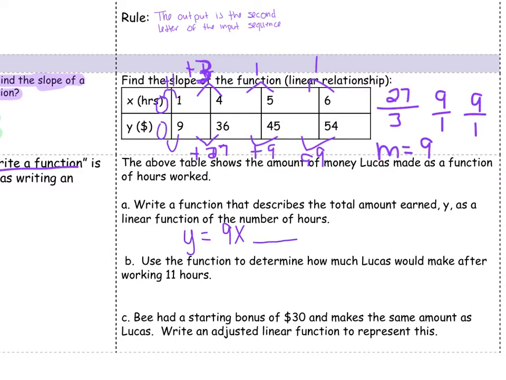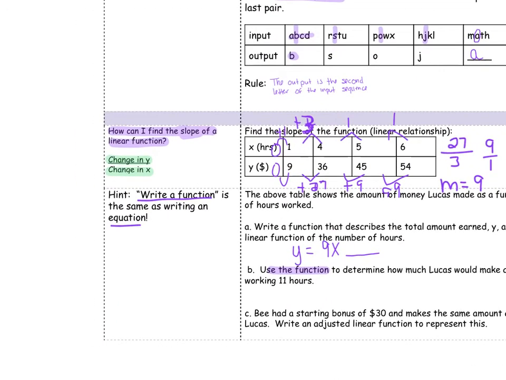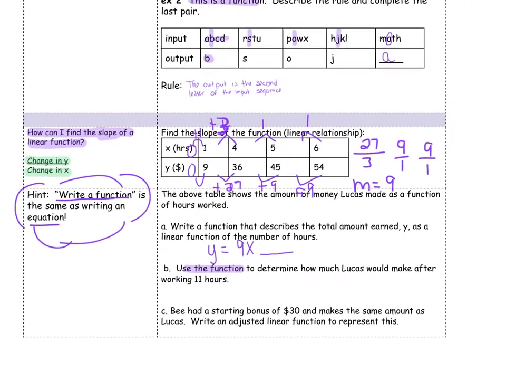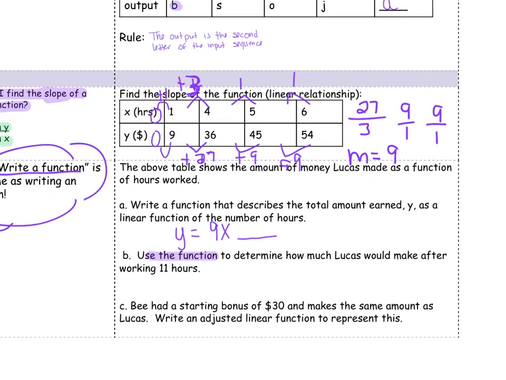Using the function, so now we need to use this function, in other words, the equation. It's the same thing as writing an equation. So now we wrote our function. Use that to determine how much money Lucas would make after working 11 hours. Well, x is the number of hours.